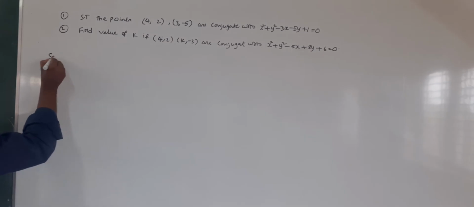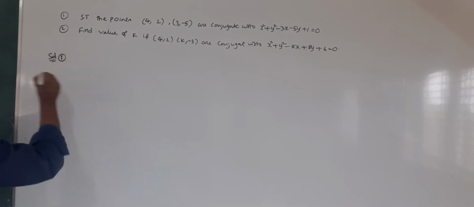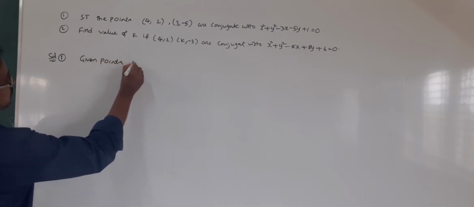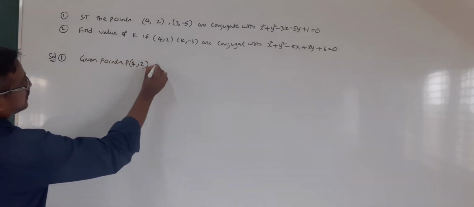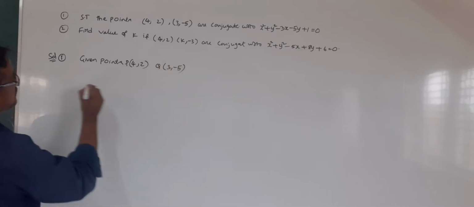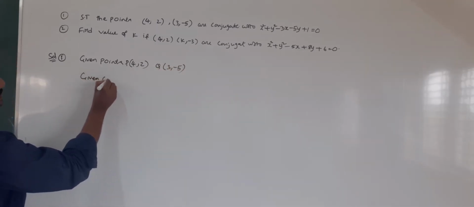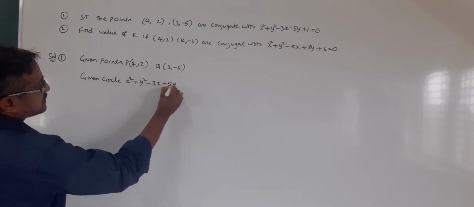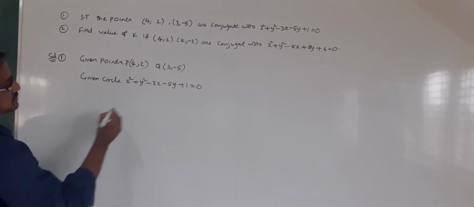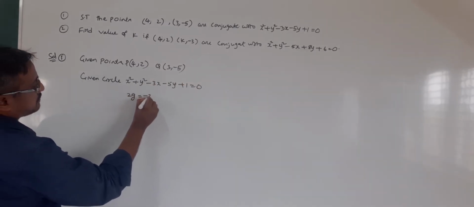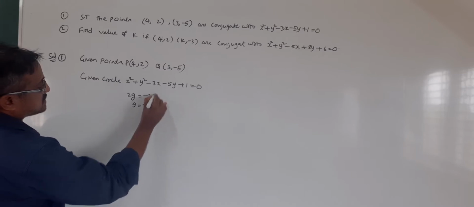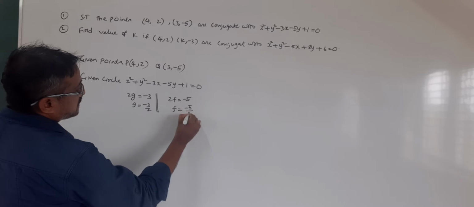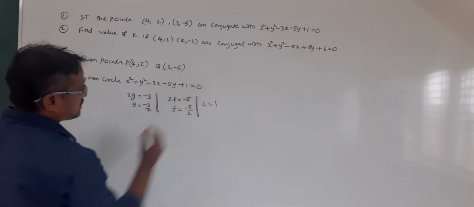Now solution. First one, given points (4, 2) and (3, -5). Now given circle x² + y² - 3x - 5y + 1 = 0. Here 2g = -3, g = -3/2, 2f = -5, f = -5/2 and c = 1.